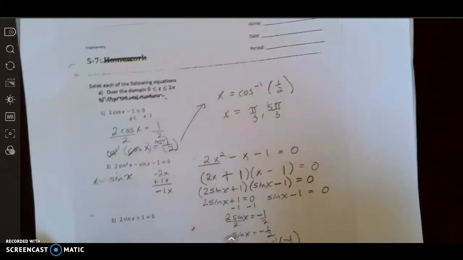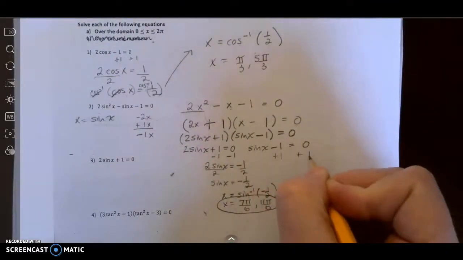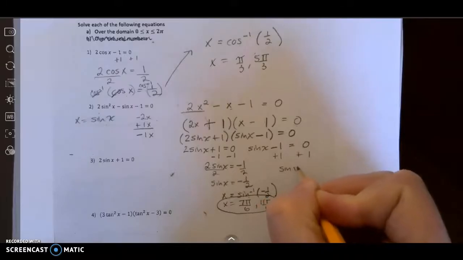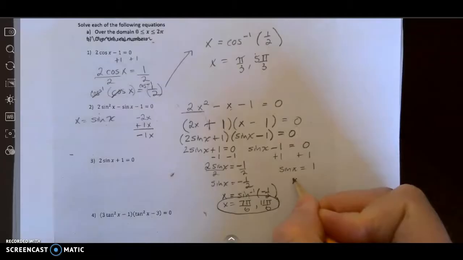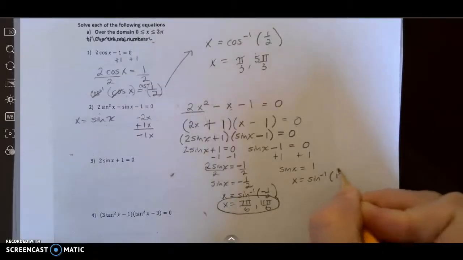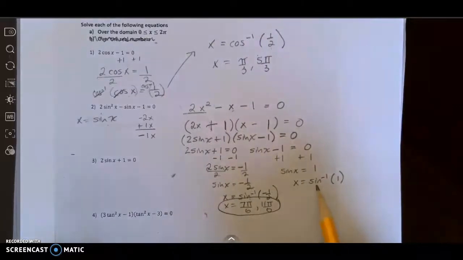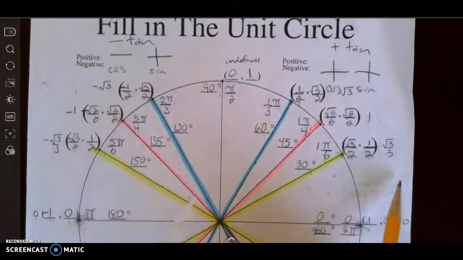Now I need to solve this equation here. Add 1 to each side. Sine of x equals 1. Take the inverse of each side. X equals the inverse sine of 1. So I want a y coordinate of 1.